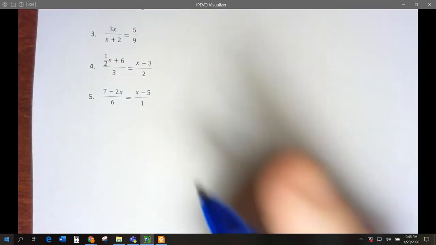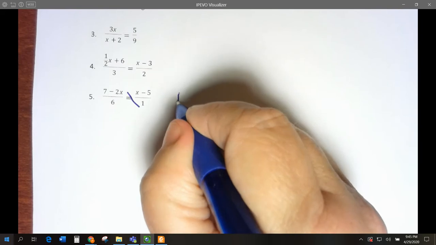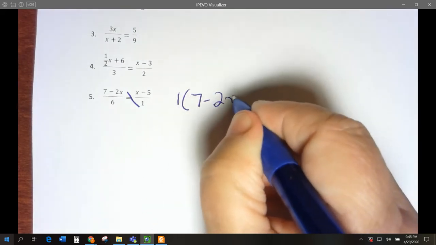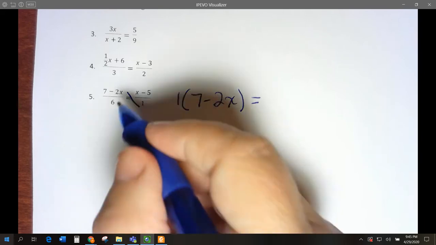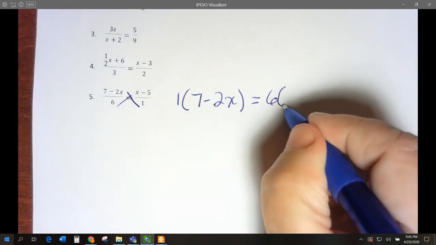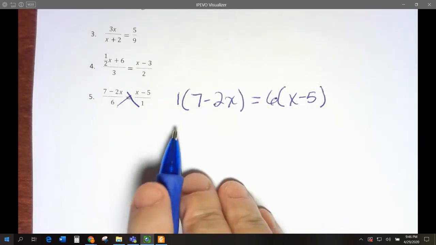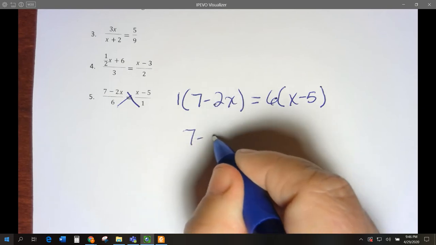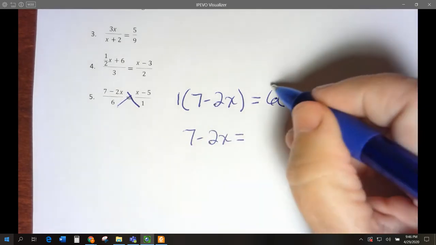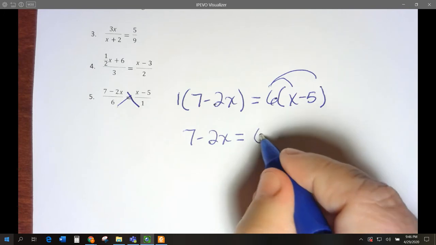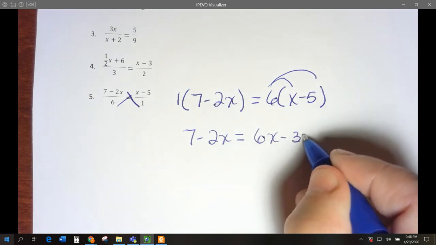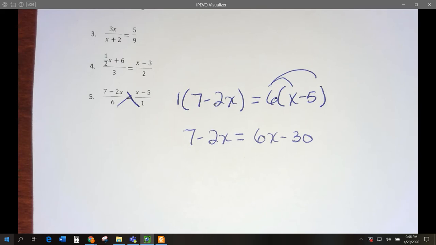Let's do our cross multiplication. 1 times 7 minus 2x equals 6 times x minus 5. This is times 1, so we're going to get 7 minus 2x equals, with our distributive property over here, 6x minus 30. Got to get rid of the variables on one side, so we got to get rid of the variable with the smallest coefficient. That would be the negative 2x.